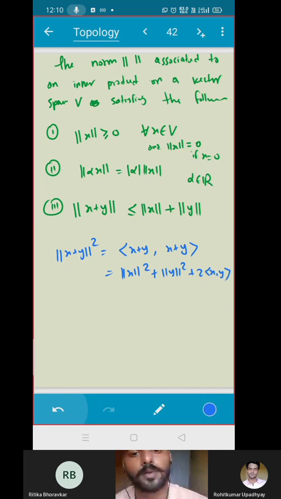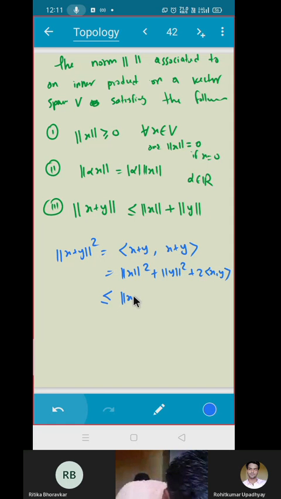Do you agree? Yes, sir. Okay. And by Cauchy-Schwarz inequality, can I write this inner product of x and y as at most norm x times norm y? So it is less than or equal to norm x square plus norm y square plus 2 times norm x norm y.